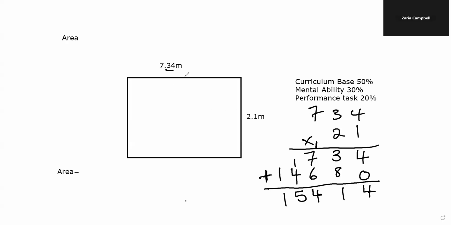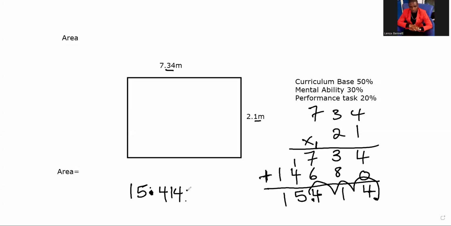So we're going to have to jump 3 times from the 4 to the 5. Oh, sir, and the unit, meters squared. So 15.414 meters squared.